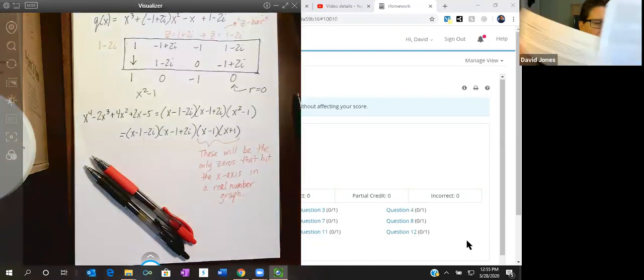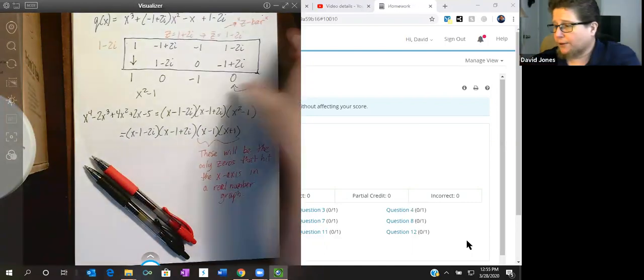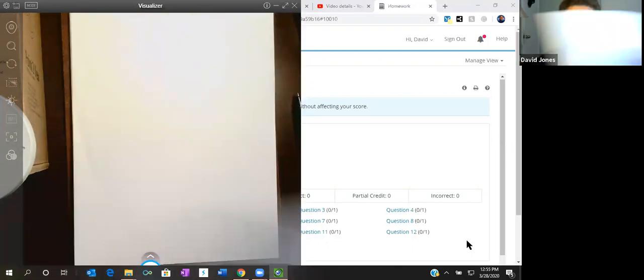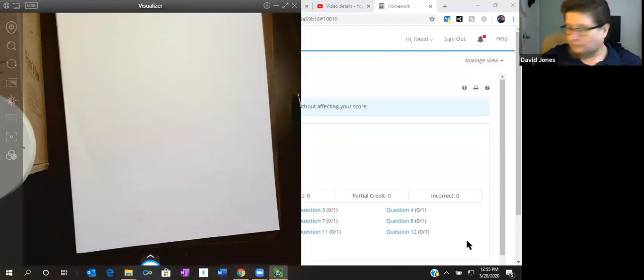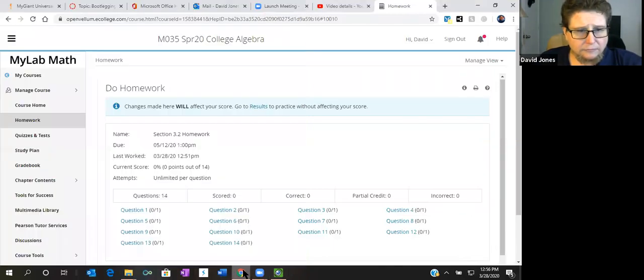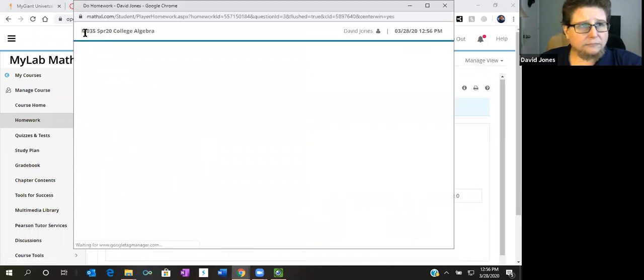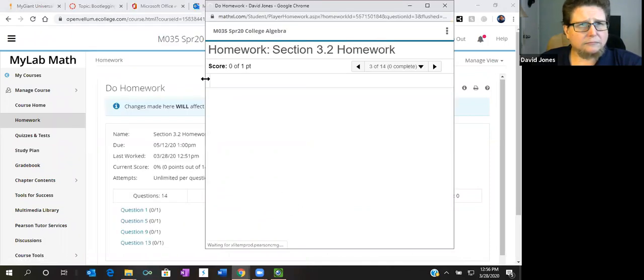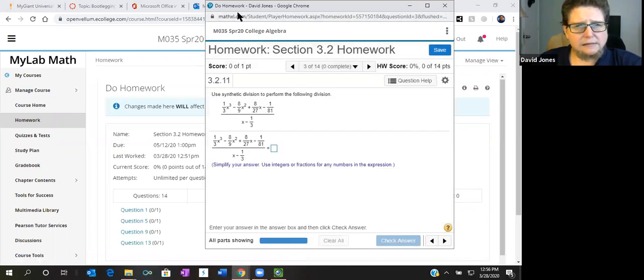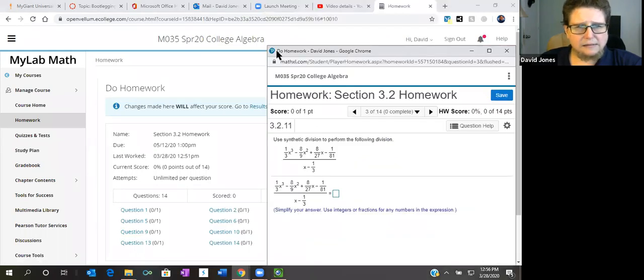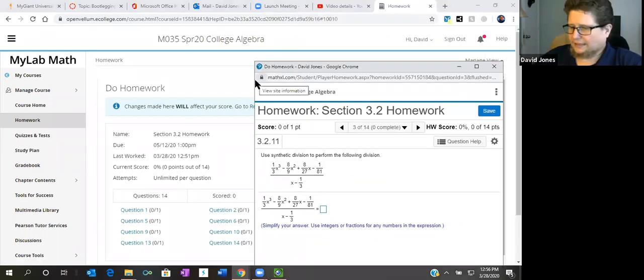So I thought I would look at a homework problem with you. I chose this one because it has fractions in it. This was number 3, I think. I need my picture back up though.